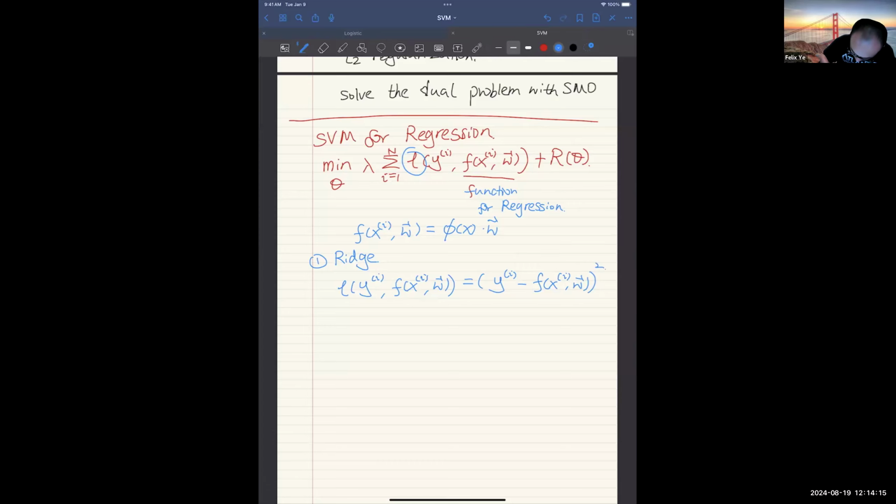And we have the L2 regularization, which is the square of the 2 norm. In lasso, you can think about we are still using square loss.